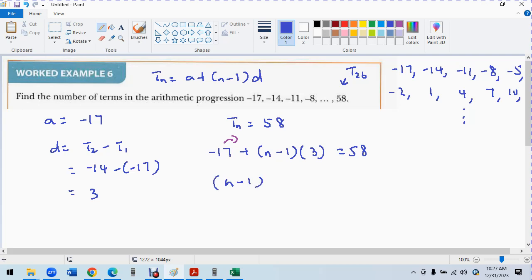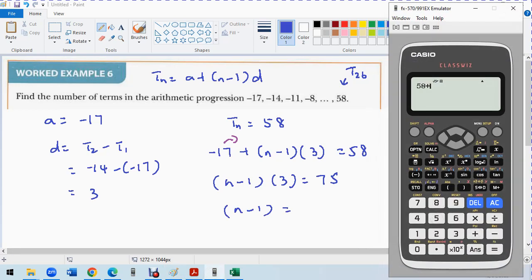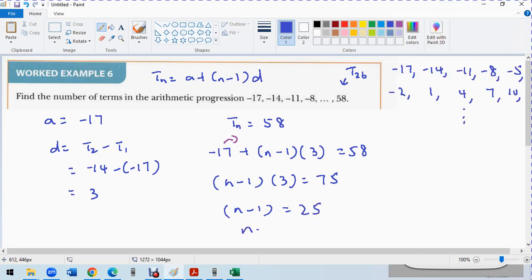So I have n minus 1 times 3 equal to 58 plus 17, which is 75. Then n minus 1 equals 75 divided by 3, which is 25. Then n is equal to 26. So the answer is 26.